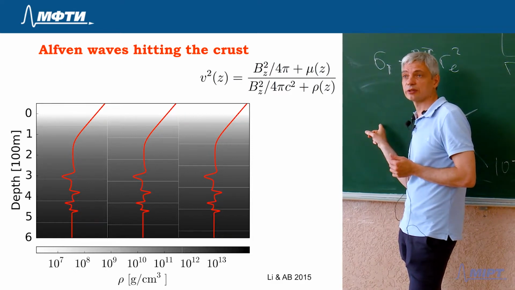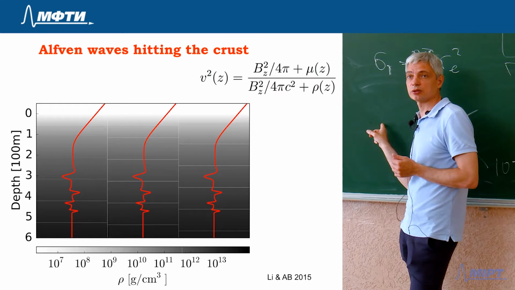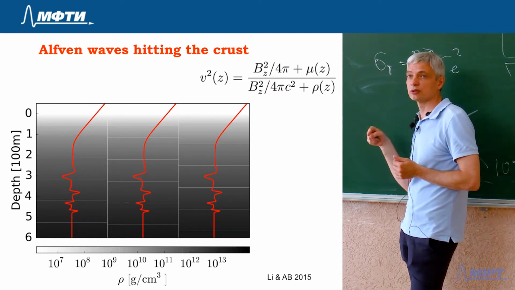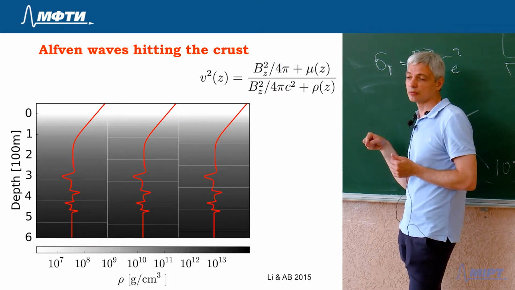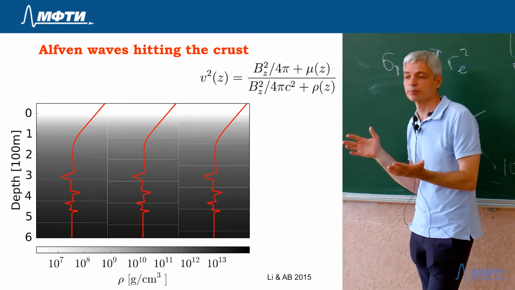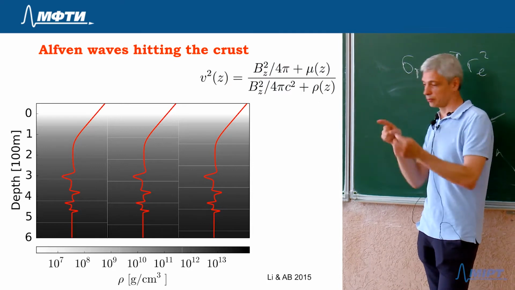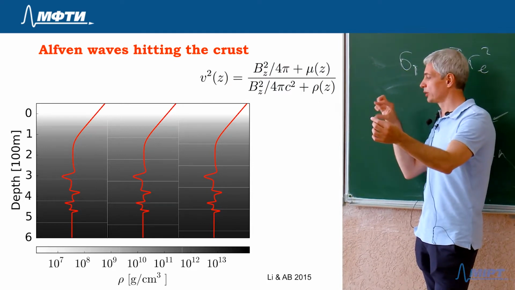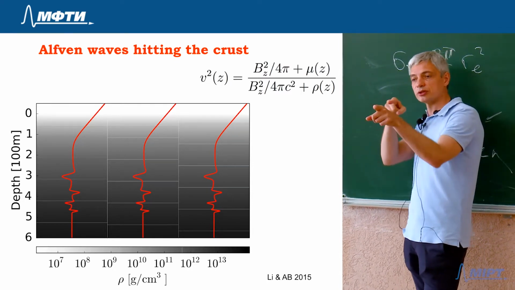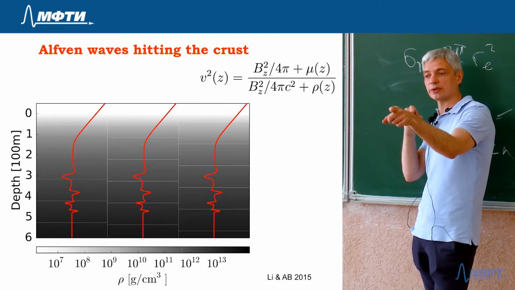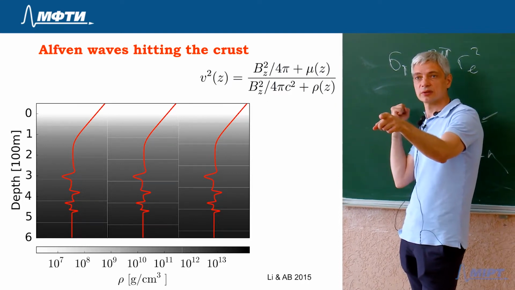And one can calculate exactly what would be the penetration coefficient as opposed to reflection, transmission versus reflection. So, this simple calculation that one can do, basically it's a one-dimensional wave equation with the constant tension provided by the magnetic field line, but with variable mass, right?